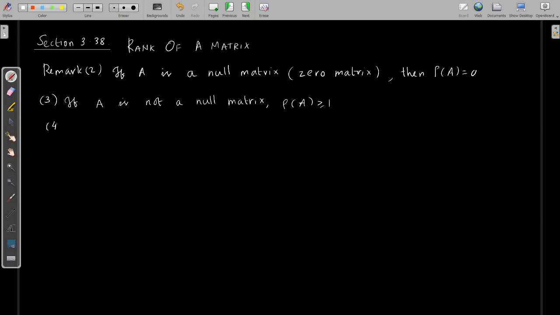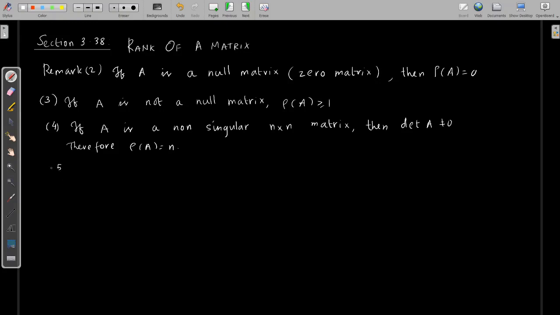If A is a non-singular matrix, that means determinant of that matrix is non-zero, then the order of A is the rank of A itself. That means the largest non-zero minor is of order n. Obviously, in the special case, rank of In is n because In is a non-singular matrix of order n.